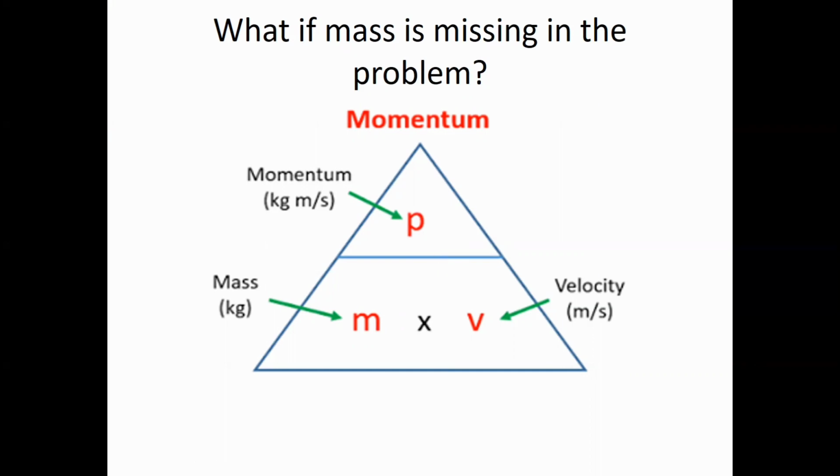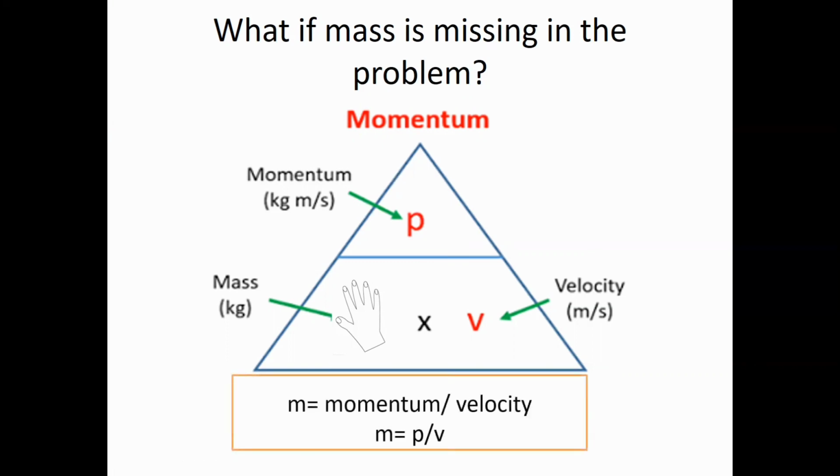What if mass is missing in the problem? Simply ignore the symbol of mass. This will give you P on the top and V below, meaning the formula to be used in getting mass is P over V, or momentum divided by velocity.